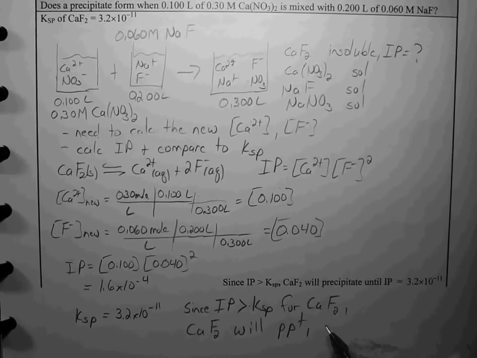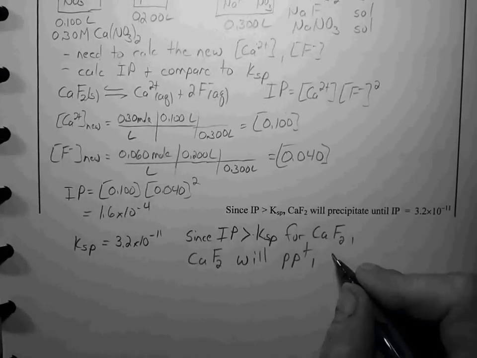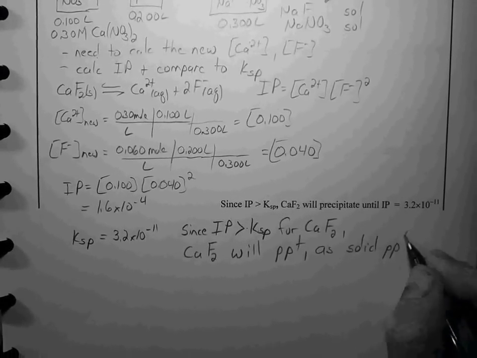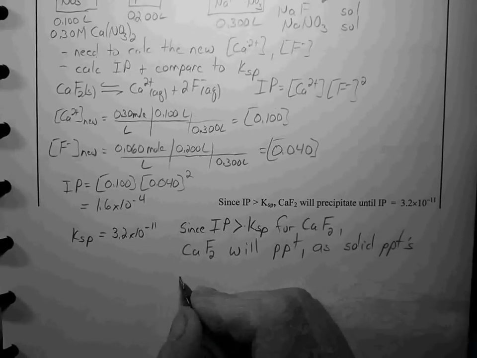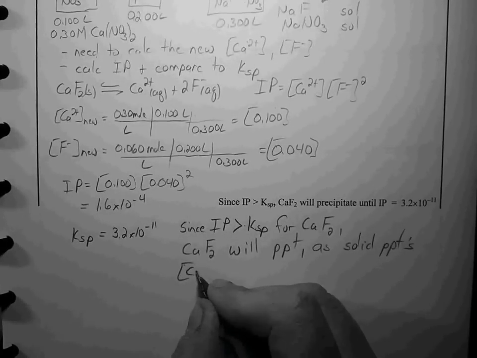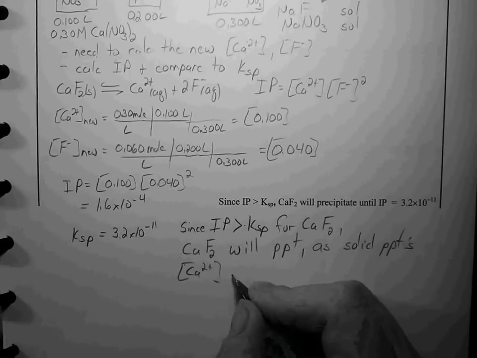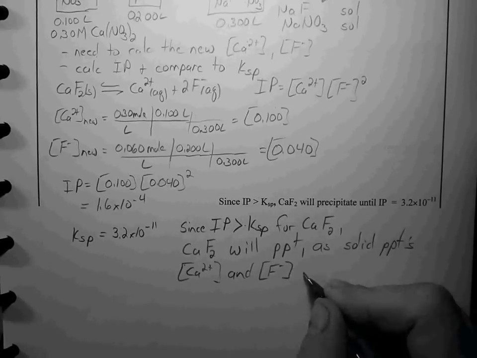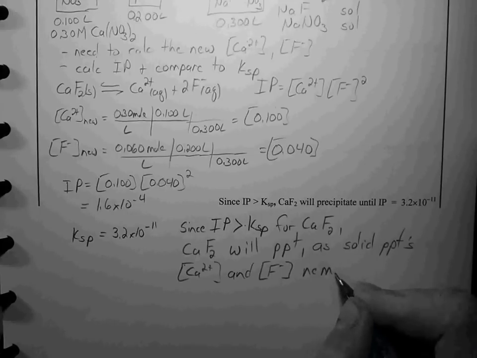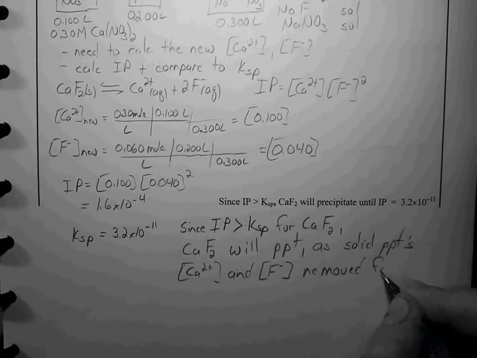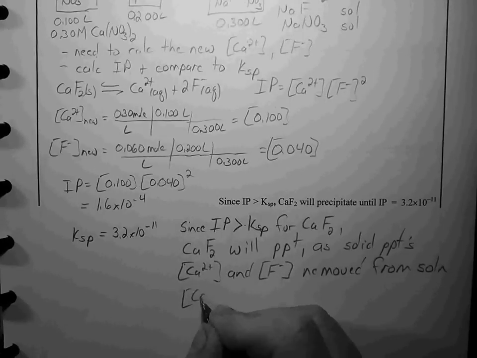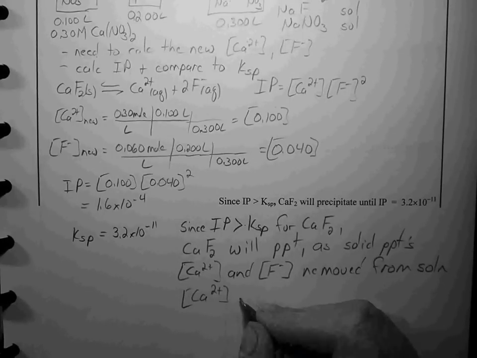A reminder that as the solid precipitates, calcium 2 plus and fluoride ion are removed from solution. And that means their concentrations are both going to decrease.